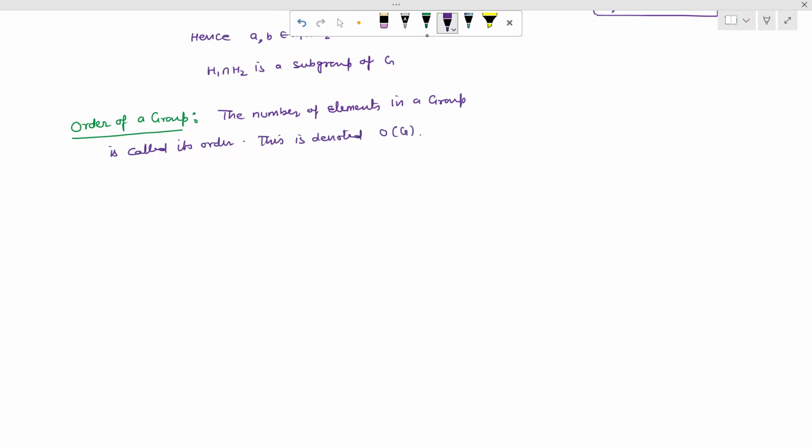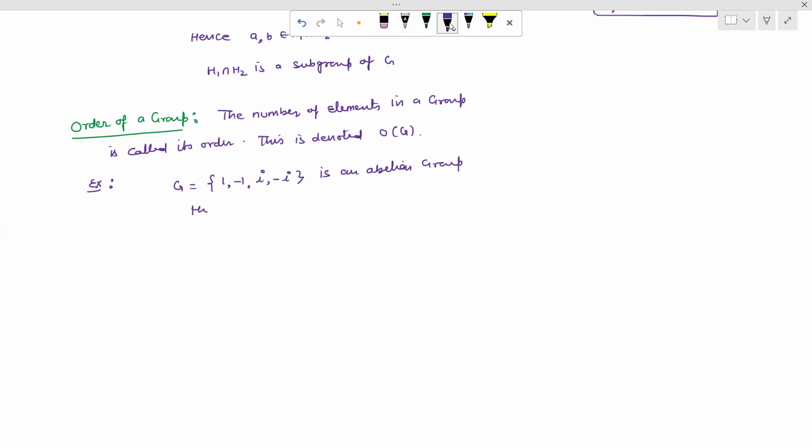Or this is denoted as |G|. Now, how to find the order of a group? Suppose G is equal to {1, -1, iota, -iota}, which is an abelian group.